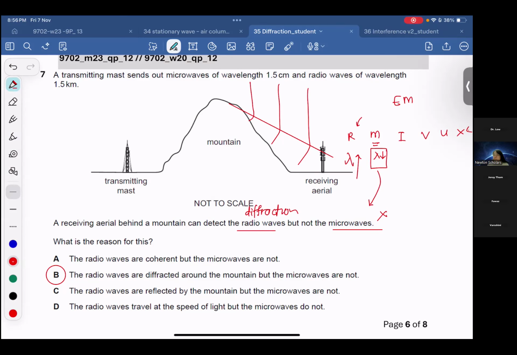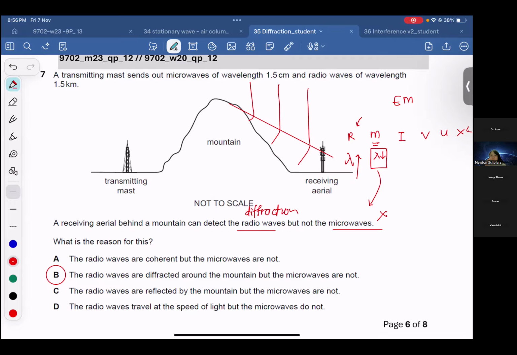One more thing we learn in Year 10 or Form 5 about waves. Your friend is standing outside the door, you cannot see her, but you can hear her talking something bad about you. Why? It's because sound can be easily diffracted.